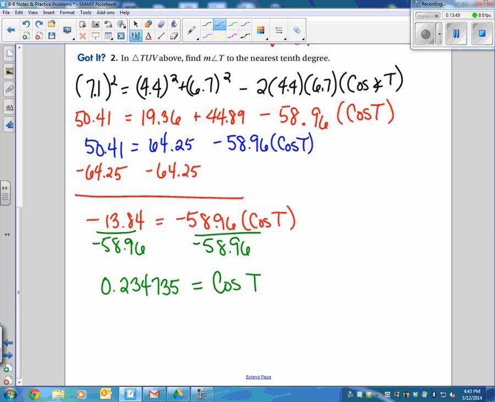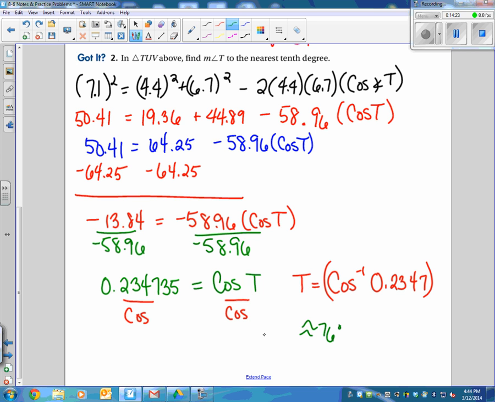Okay, so in order to undo the cosine, that's basically what we have to do in order to get t. So we are going to say that t is equal to the inverse cosine of 0.2347. Okay, so punch that in the calculator and we'll say inverse cosine, and the answer is going to be about 76 degrees. Okay, so angle T is about 76 degrees.